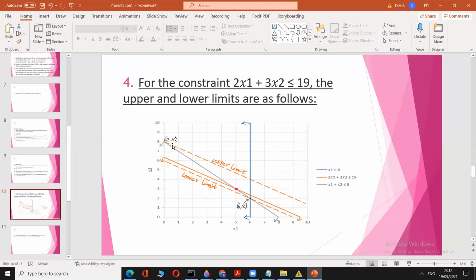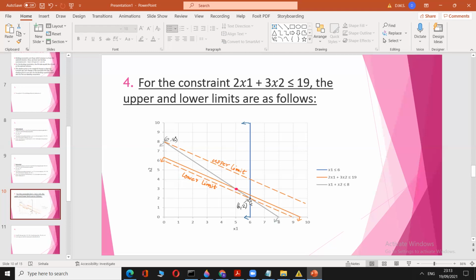After that you can't take this part, because the line x1 less than or equal to 6 bounds it. There is no range here. You get the feasibility from this place. Then find the place where it intersects that boundary line.